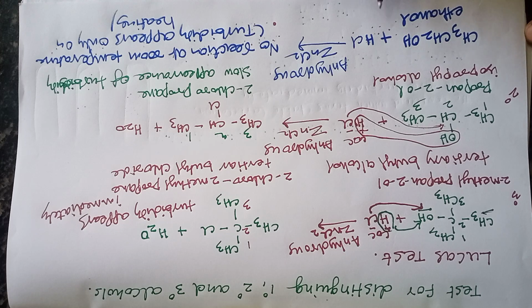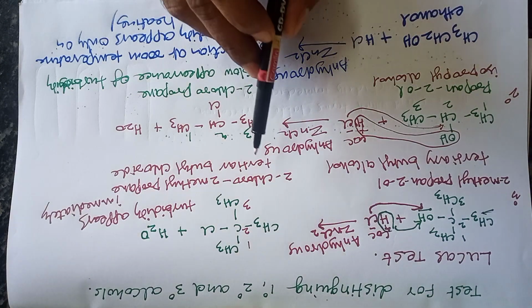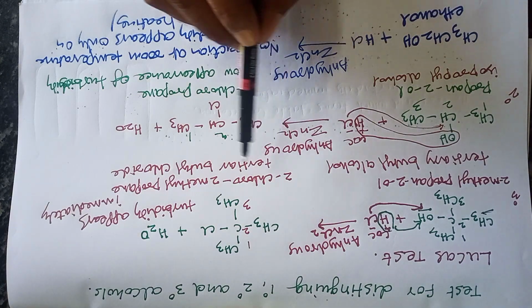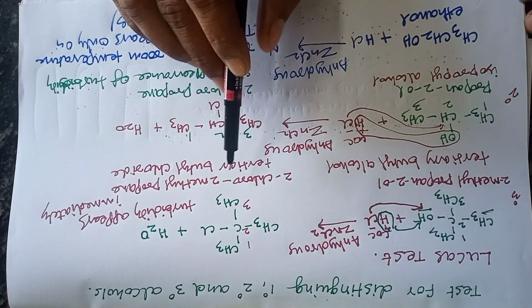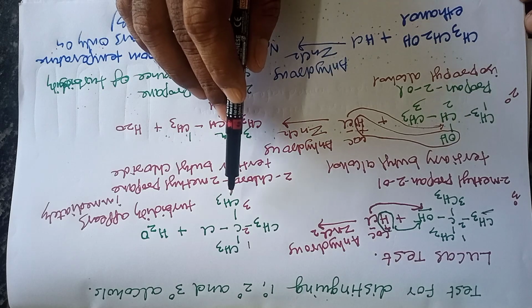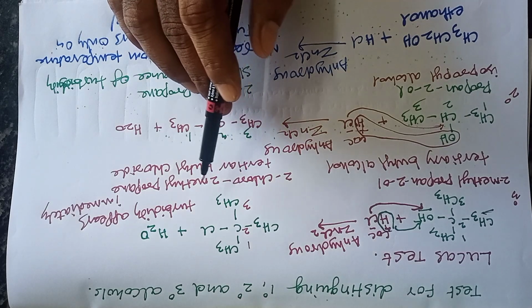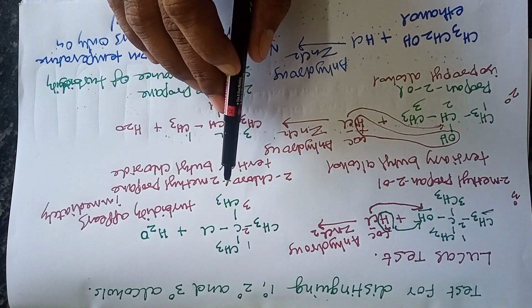If it is primary, there is no reaction at room temperature; turbidity appears only on heating. What is the reason for the formation of turbidity? Due to the formation of alkyl chloride.